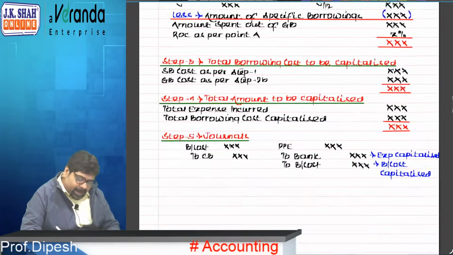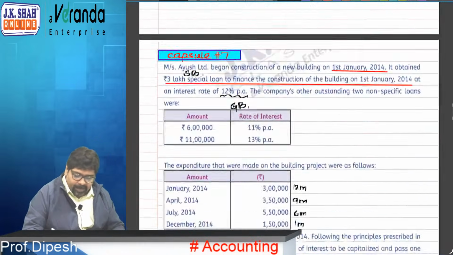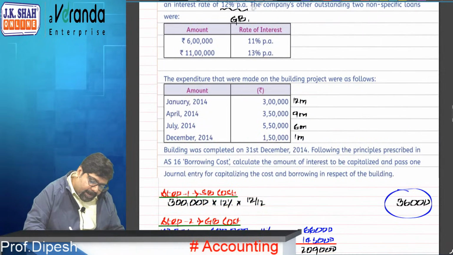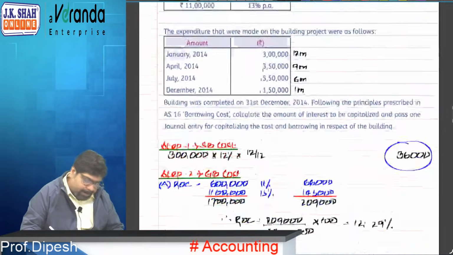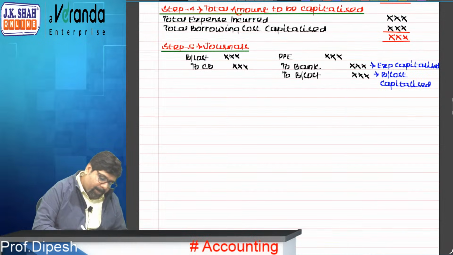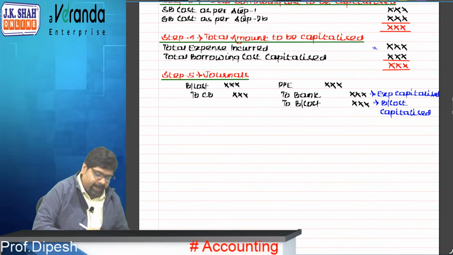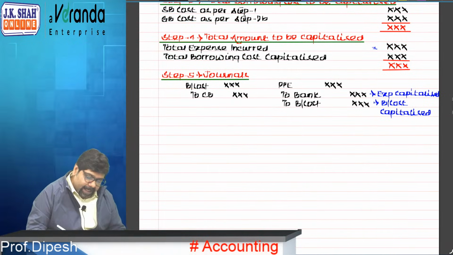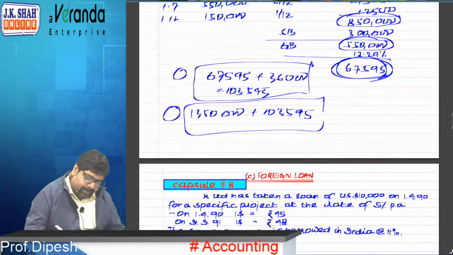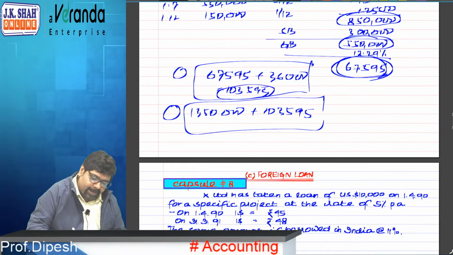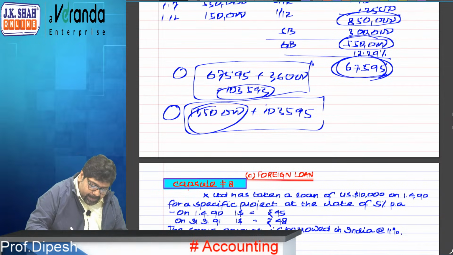The amount to be capitalized is total expenses incurred. How much is the total expense incurred? 3, this is 6, 6 plus 5, 11, 11, 12, 13, 13,50,000 is the money spent. Expenses incurred 13,50,000. Interest 1,03,595. So this is the money spent, and this is the interest capitalized.